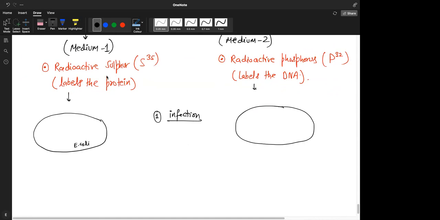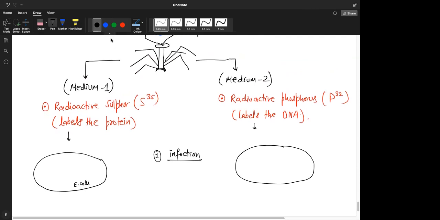Let's first make the virus and see how it will look. If it is radioactive sulfur, then all the protein coat will be labeled in red color. Whatever is in red represents radioactive, okay? So the virus will look something like this, with normal DNA inside.